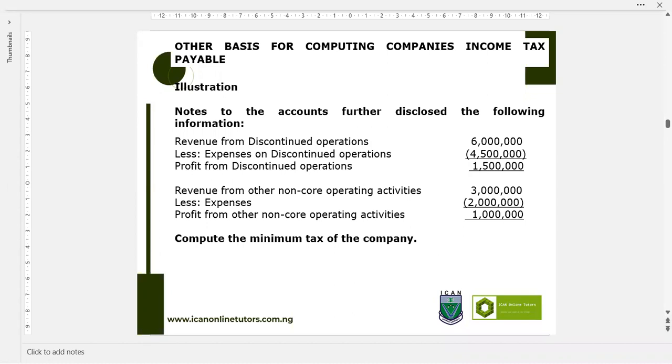So what is the first thing we are looking at in computing the minimum tax?